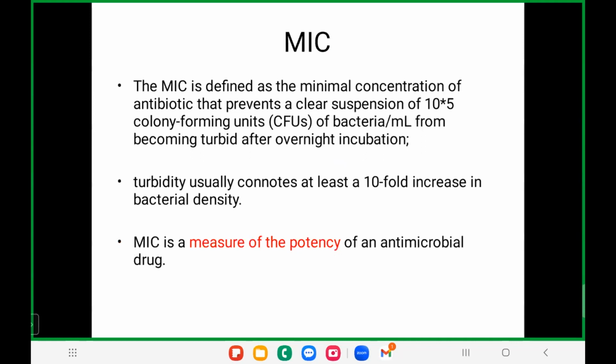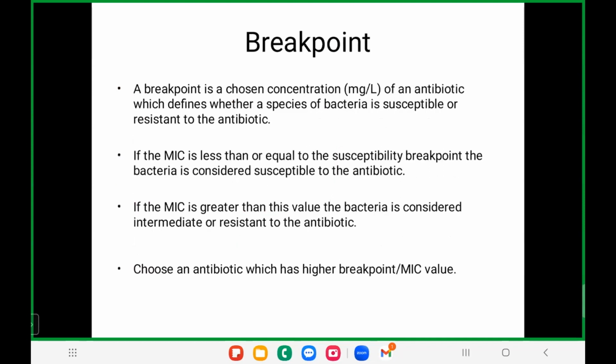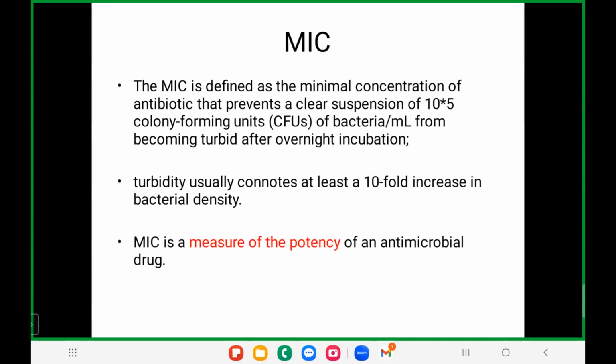So what is MIC? Can anyone simplify? Don't read the definition. Just simplify it and tell me what MIC is, because you need to understand it. Sir, the minimum amount of drug that inhibits 50% of the bacteria or infection.